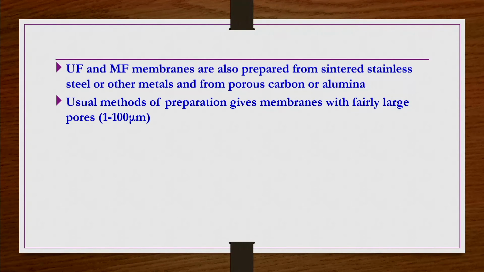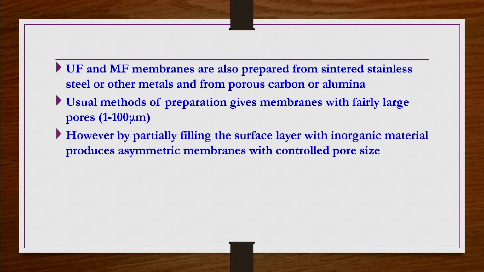It is better to have a narrower pore size distribution. For that, you can partially fill the surface layer with inorganic material to produce asymmetric membranes with controlled pore size. That is one technique to control the pore size distribution.